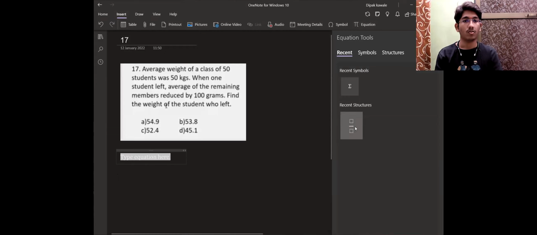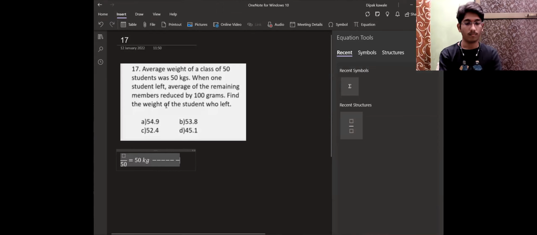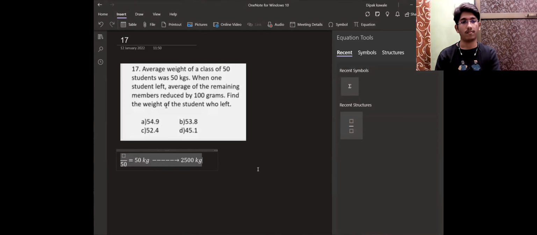They are saying that average of 50 students is 50 kg. That means the sum of all the 50 students' weight is 2500. We have calculated. So the sum of all these is 2500 kgs.